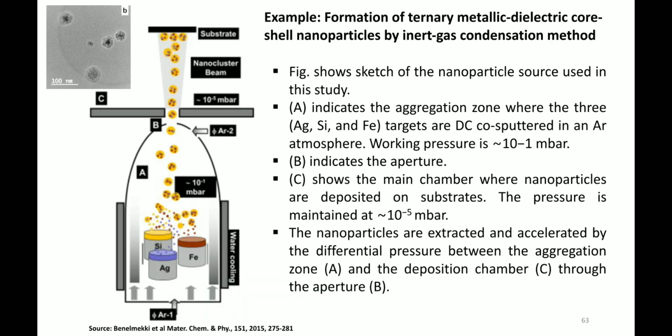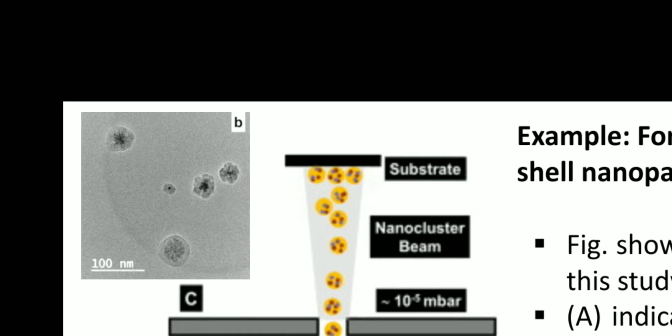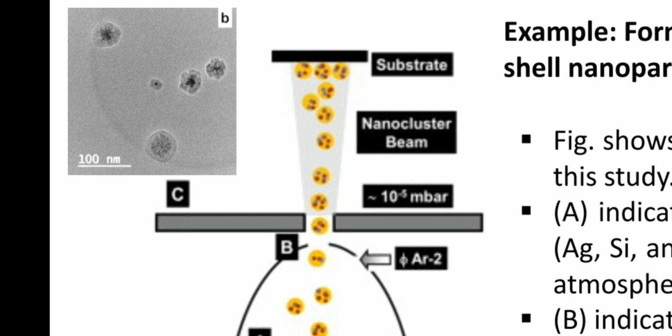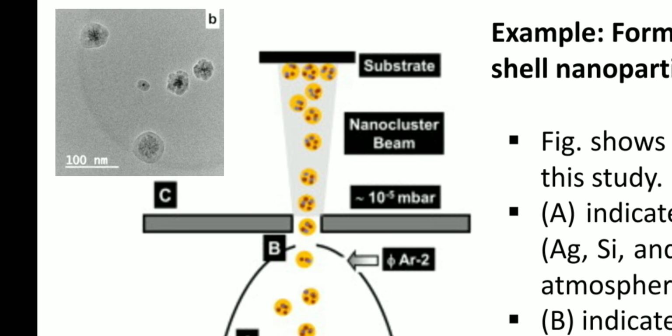Just as an example, you can see I have taken this image from the same paper, where you can see this is a transmission electron microscopic image, and the particle size has varied, from a small particle typically in the range of 15 nanometer to as big as 90 or 95 nanometer, roughly.